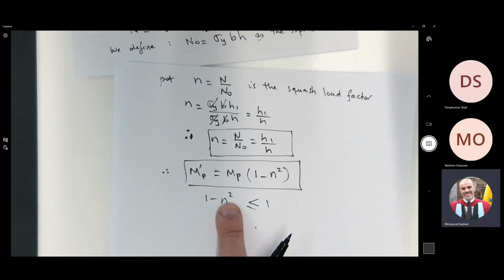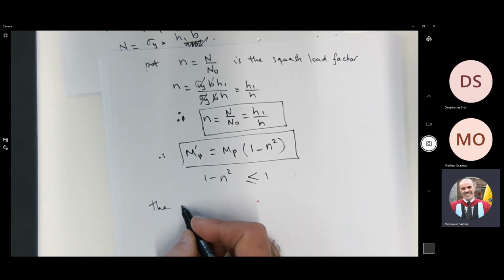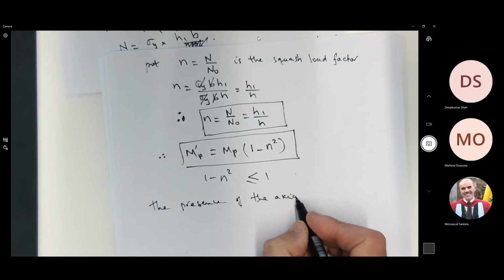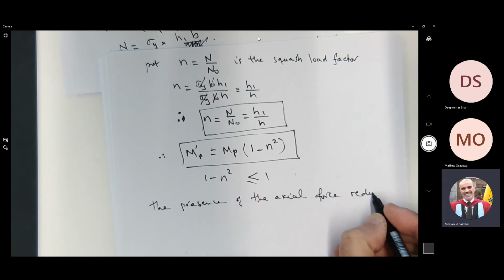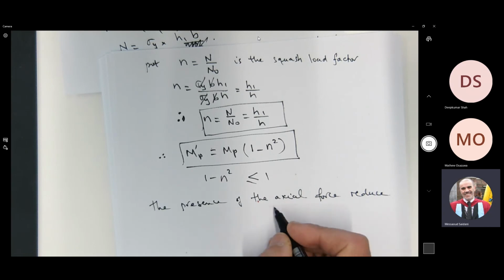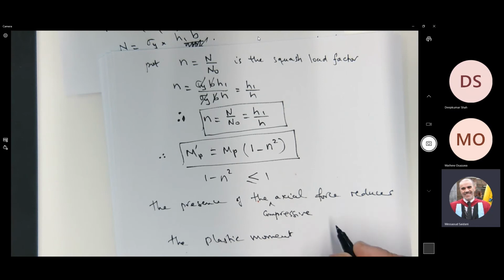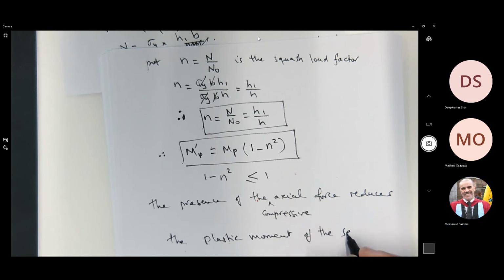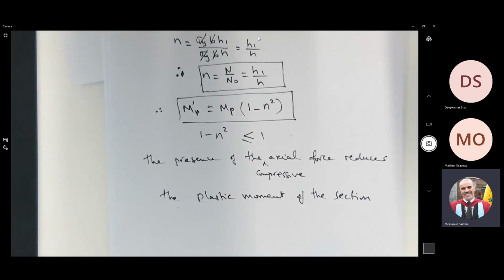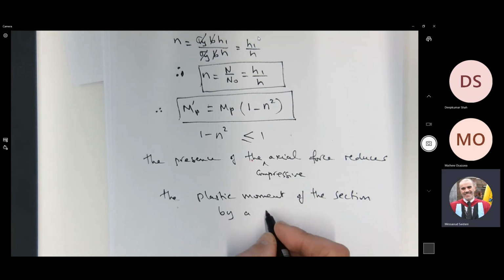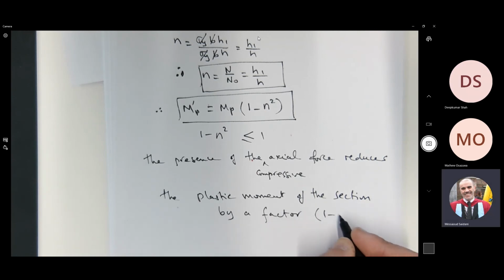So the presence of the axial force reduces the plastic moment of the section, by a factor 1 minus n squared.